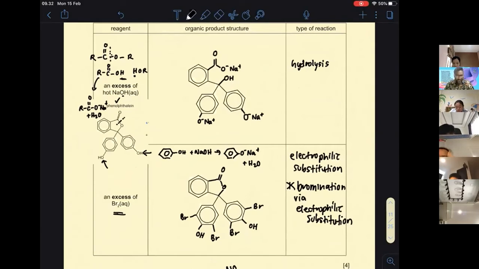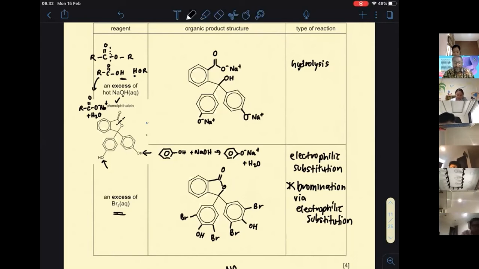I know it's bromine, so maybe you say substitution of bromine, then you will be thinking, if I don't mention electrophilic, will I get deducted? If you just say substitution of bromine, most likely you get 0. That's why I'm giving you this example. If you say substitution, you must say electrophilic substitution. So therefore I will say bromination via electrophilic substitution. That will be the best answer in this case.